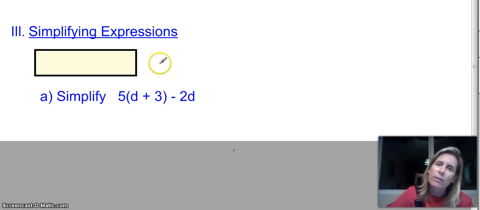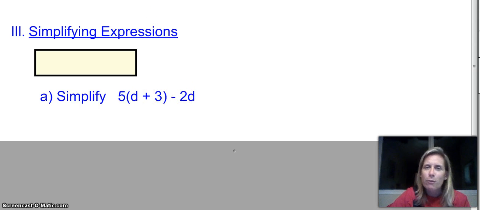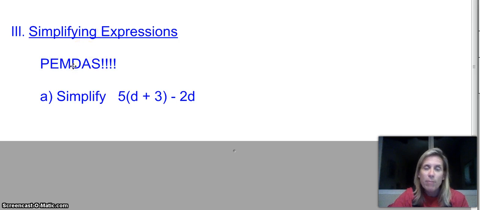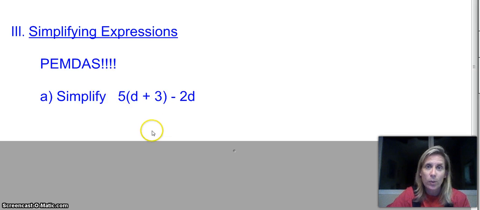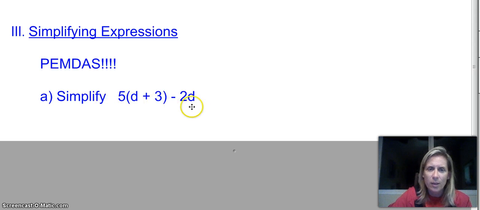Okay, this is just a little bit more complicated, this expression here. We're going to simplify the expression, and there's a little more going on. So when you see parentheses like this and more than one operation, I hope you think of our favorite little phrase, and that is, hopefully you have it, PEMDAS. Good. So we have to make sure that we use the correct orders of operation when combining like terms, even in an expression that is not yet an equation.